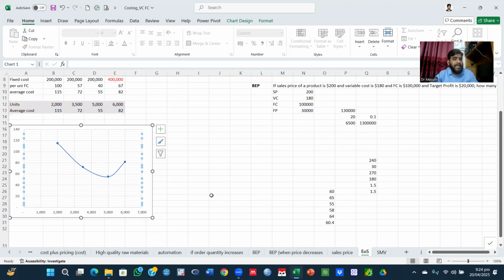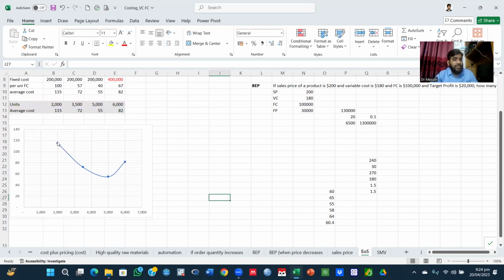So economies of scale means that within your capacity, you will produce more number of units and your average cost will decrease. Up to 100% capacity utilized, your average cost will decrease. And above the 100% capacity, your average cost will increase.